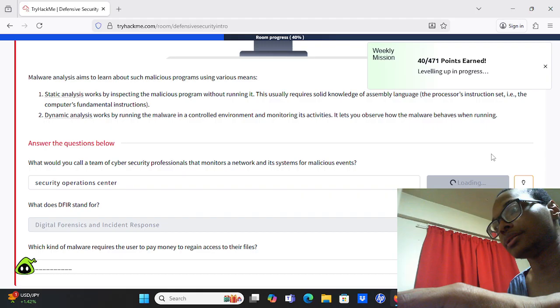So we did digital forensics, we did DFIR, did Security Operations Center, right? No, am I missing something? No, I think, okay, we did that. Digital forensic incident response.